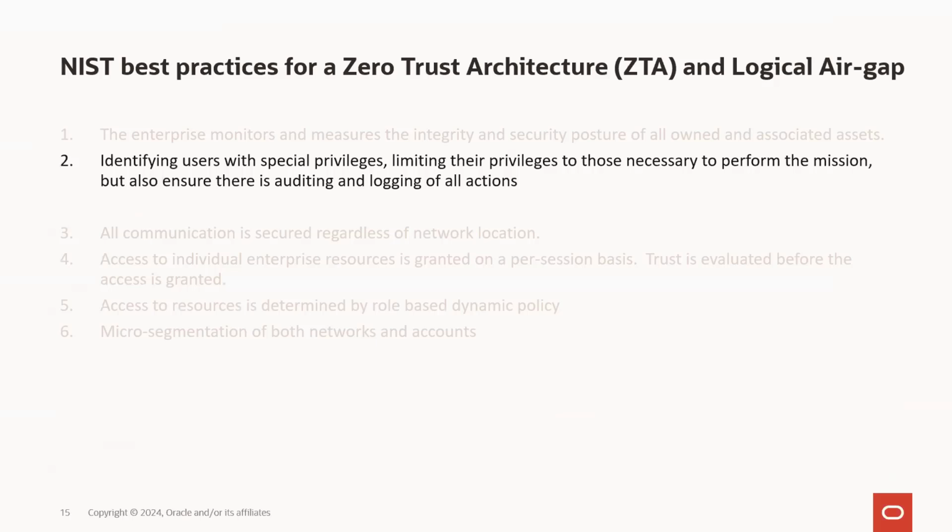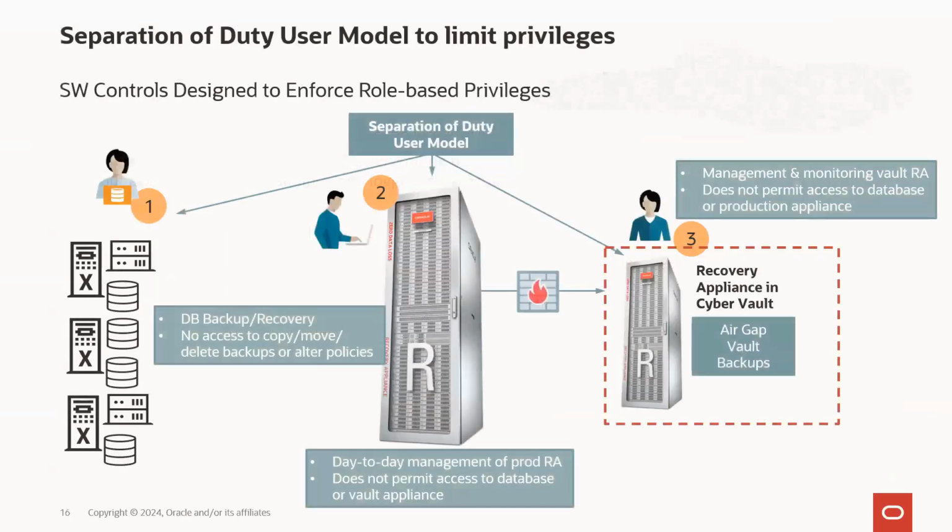So the next piece is the users with special privileges. There's a lot of separation of duty that happens with the recovery appliance to make sure that the backups remain protected. The first part of it is, on the left-hand side, you've got the DBAs. The DBAs have access to the database.